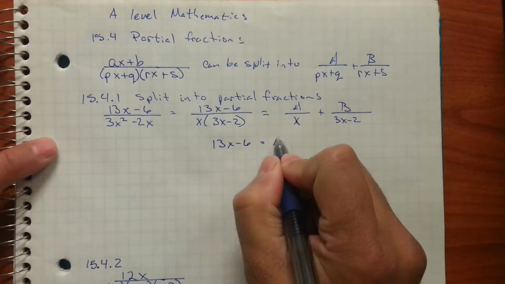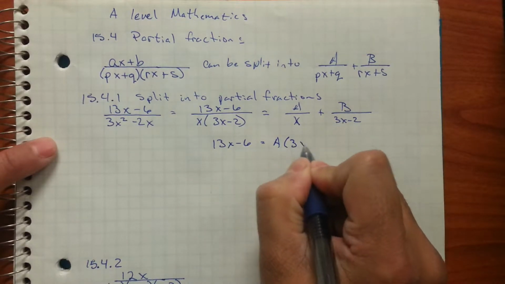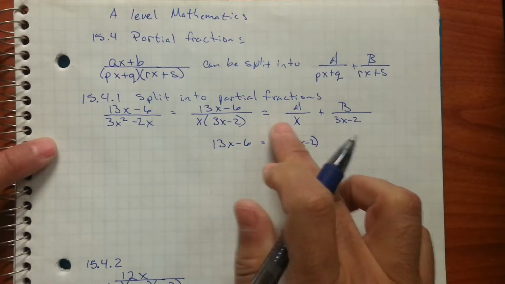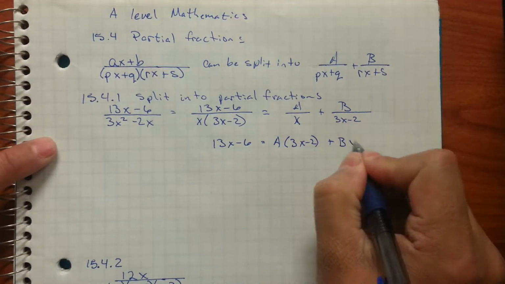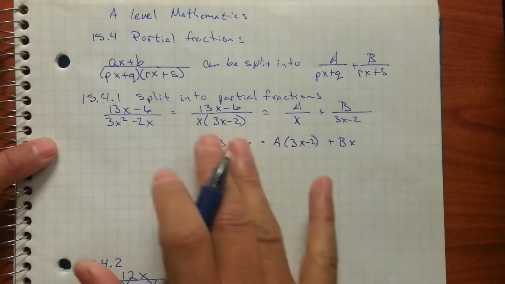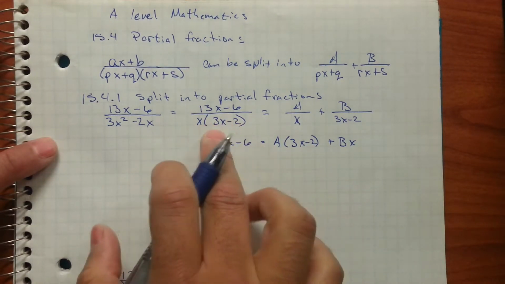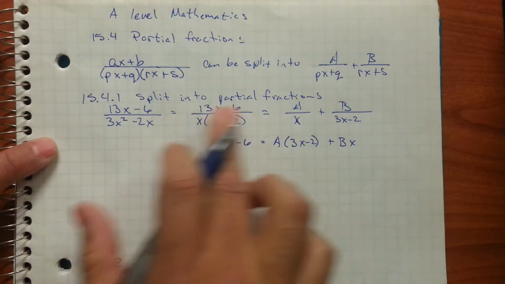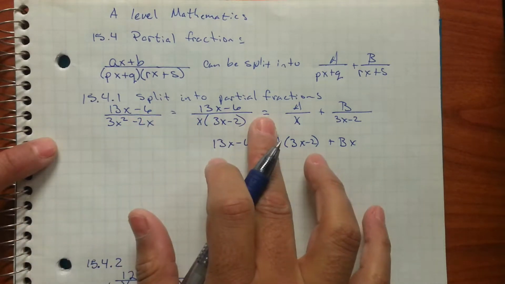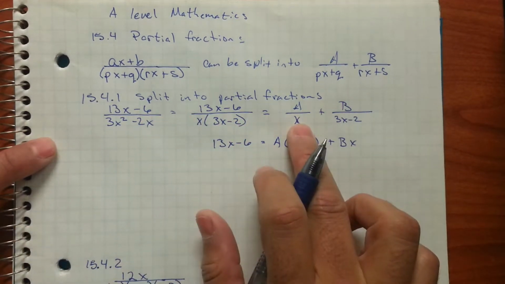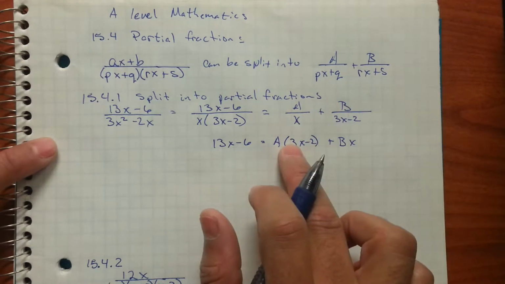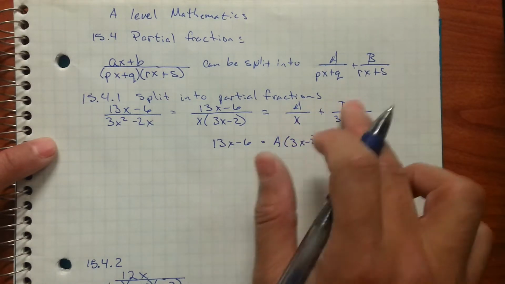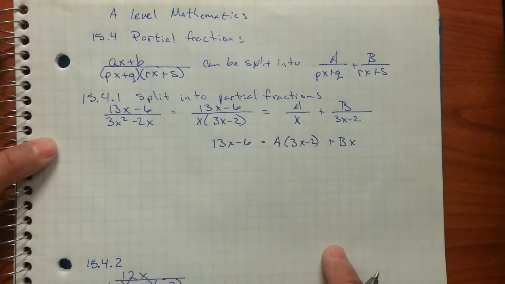So it's going to be A times the quantity 3x minus 2, and this one over here, it's going to be plus Bx. So what I did is I multiplied everything by the quantity of x times 3x minus 2. This piece already had that, so the denominators canceled. This piece didn't have that, so right here it needed this one. Same thing here, cancel out, needed this piece right here.